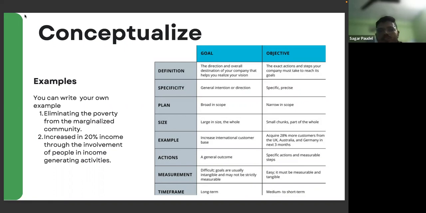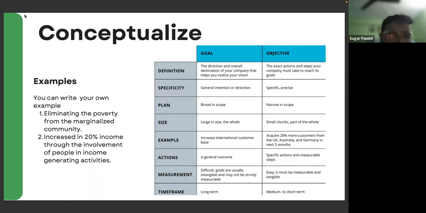A goal is the direction or destination where you want to go, and objectives are the steps you want to take. A goal can be broader in scope, larger in dimension, with a general outcome, and it can be long term, while an objective is short term, easy to measure, a specific action, and a measurable step.